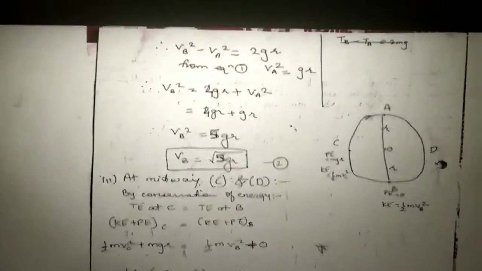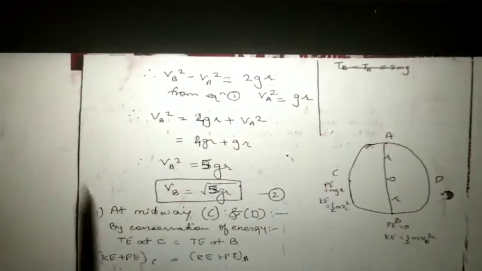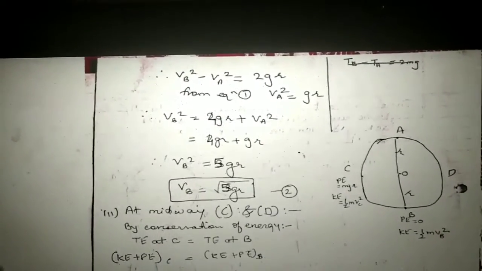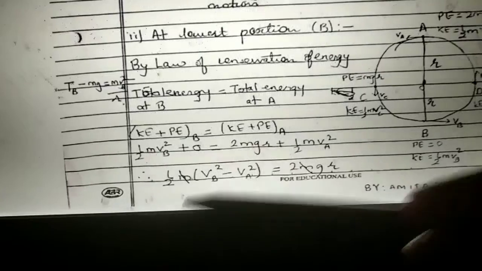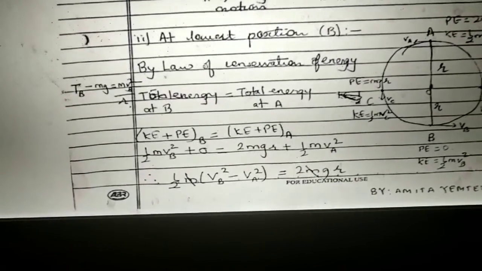Next, vb square minus va square equals the half which was over here, it will come here. This 2 is already there, and this 2 is already here, and this 2 will come here, so it becomes 4. By mistake I have written 2 here. So this is 4 gr.